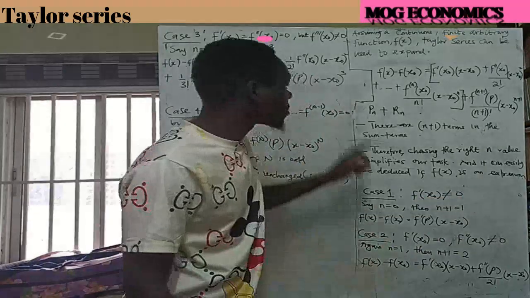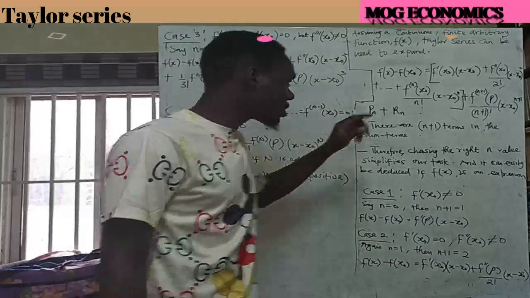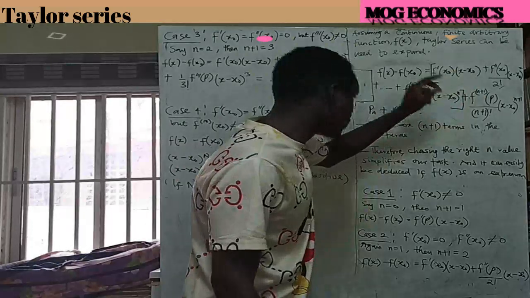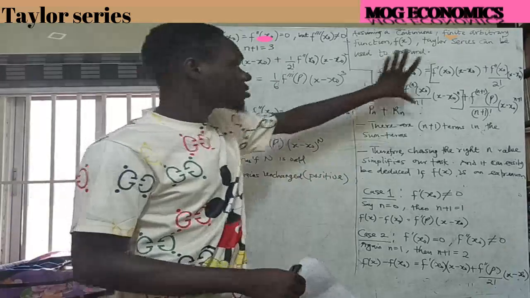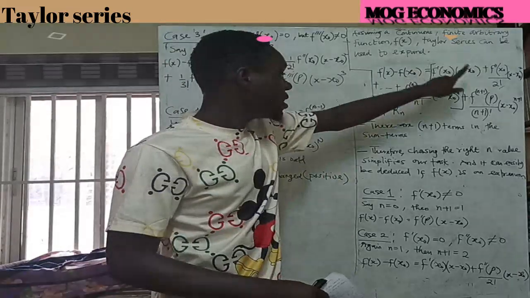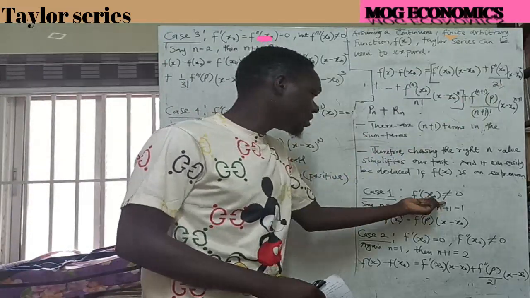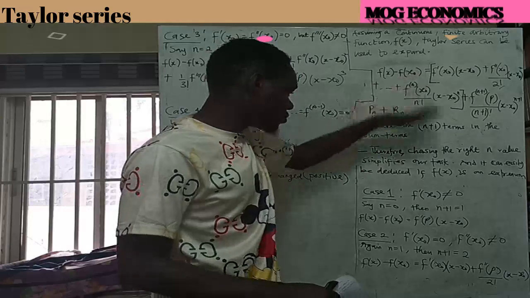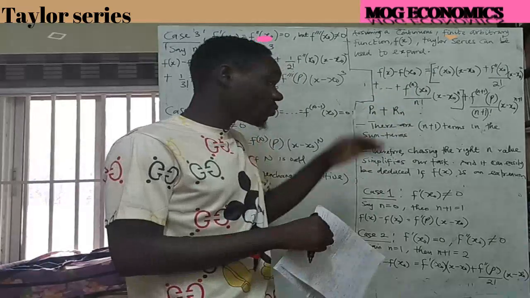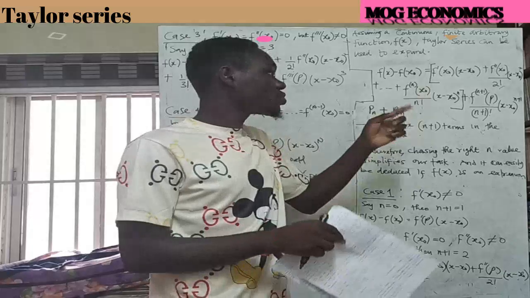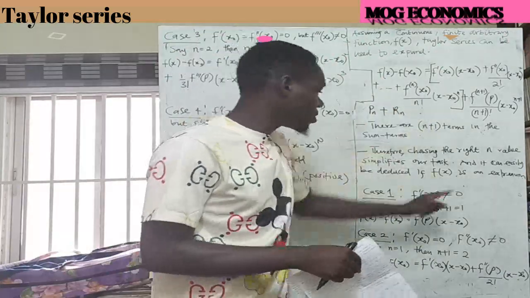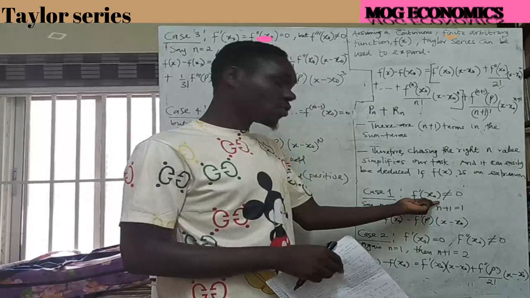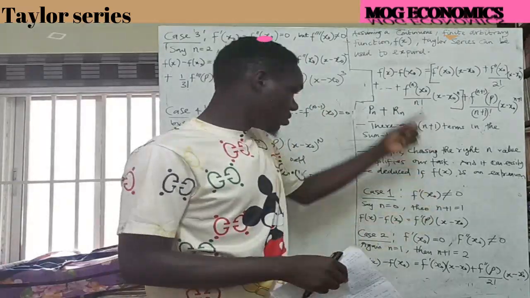Going back to our original formula, this is not zero, but the others are assumed to drop out of the function. It means we are going to have our Taylor's formula up to the point where this is not equal to zero. So this is what I mean.